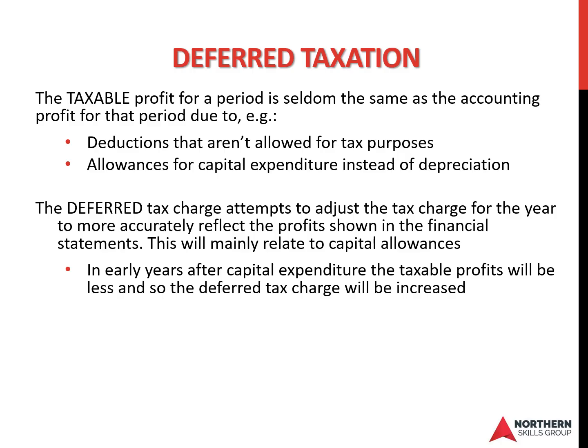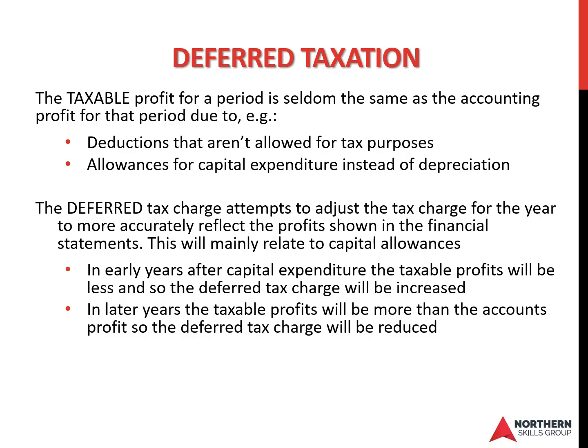For tax purposes, very often that capital expenditure can be deducted in full when the asset is purchased, and that means that in that particular year the profits on which tax is calculated will be much less than the profit shown in the profit and loss account, and that will give rise to a deferred tax charge, because the profits that aren't taxed in that year will eventually be taxed in later years.